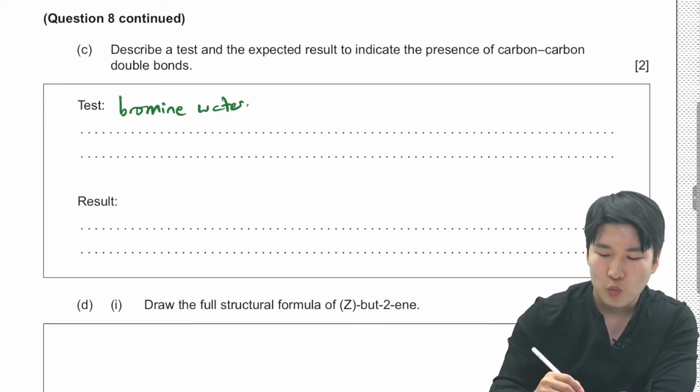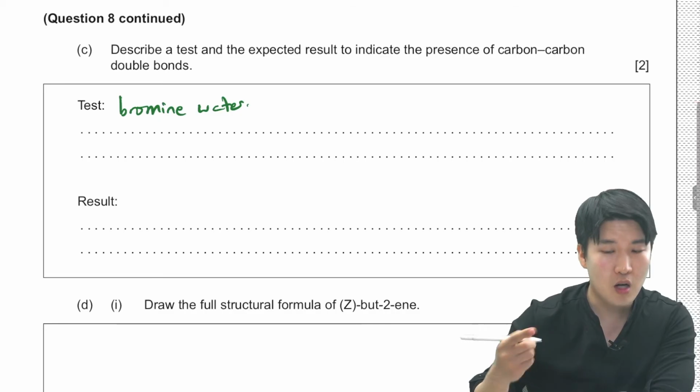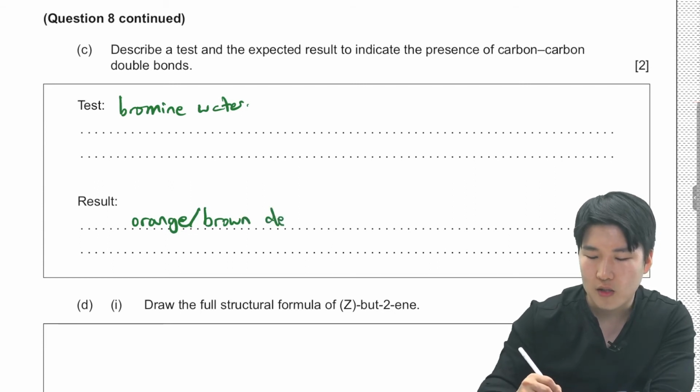If there is, the bromine water with the orange-brown color would decolorize. Why?